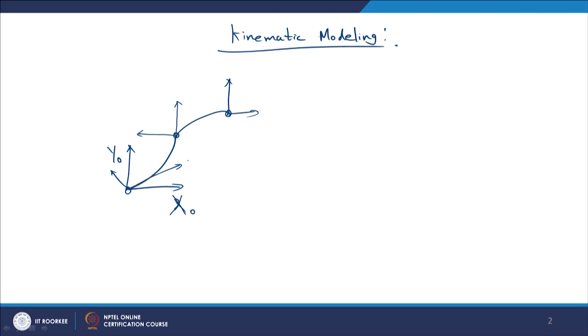Now this is x1, this is y1. I am going to define what is frame x0, y0, frame xi, yi, and this is w1 of x. I am going to define each and every point, all the variables associated with this schematic. This is theta 1, that is the frame attached here.